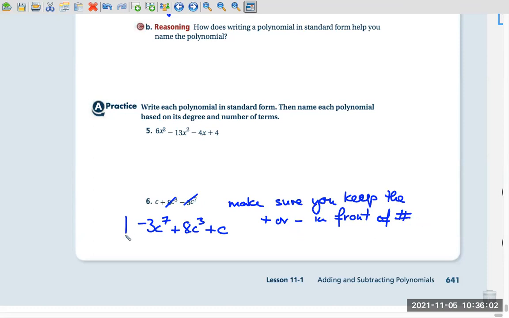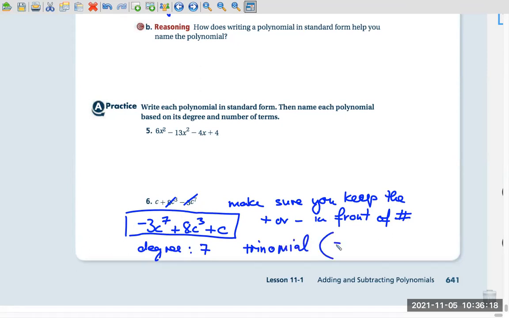Okay, so this is our answer. And then we have a degree of 7. And it's a trinomial because it has 3 parts. Okay, it's all pretty simple stuff, I feel.